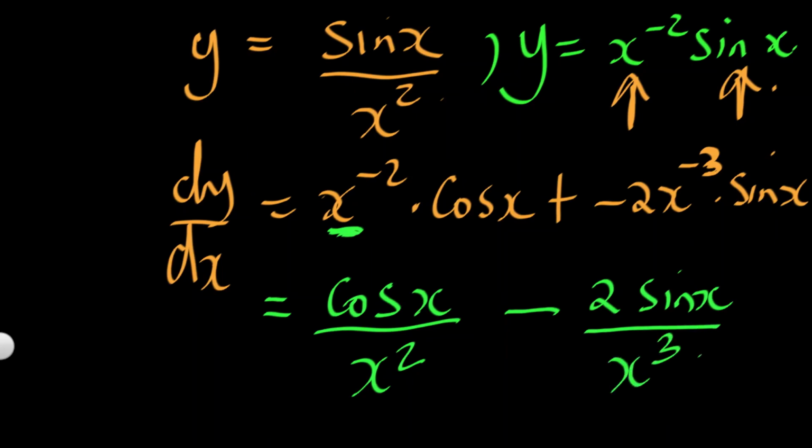If you look at this answer, it is the same as the answer that I got from using the quotient rule. It is the same, but I manipulated my question so that it looks like a product. Then I applied the product rule.